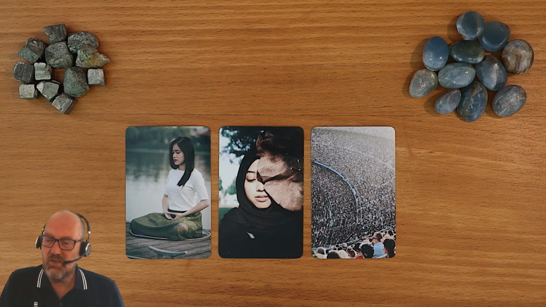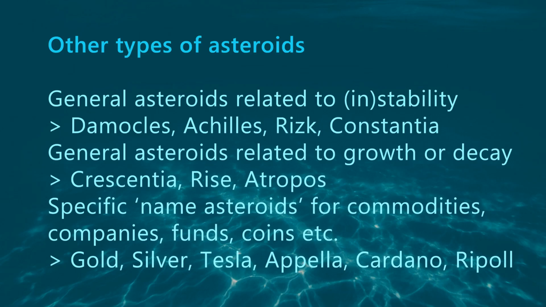You have also general asteroids related to anything that has to do with growth and decay, or harvesting even. I didn't put this here, but harvest is also, these agricultural parallels, they work very well. Ceres, I could have added Ceres here as well. I could even have added Juno, but you have to stop somewhere.